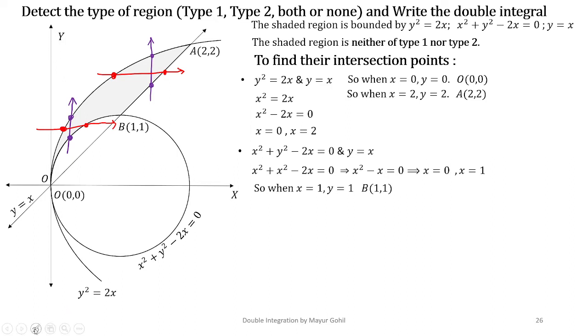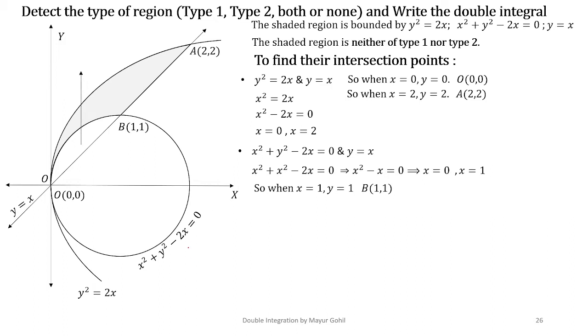So let us see here. I'll erase this and we'll see in a better way. For the first time we will try to see this as type 1 region, and we will see how our double integral is going to split.